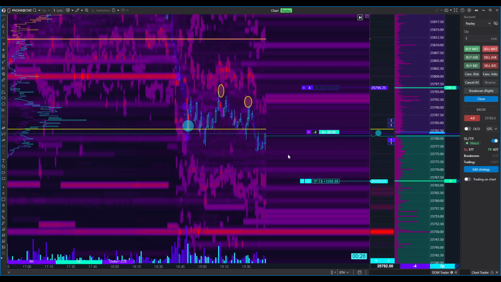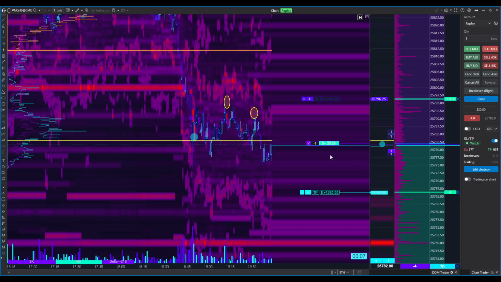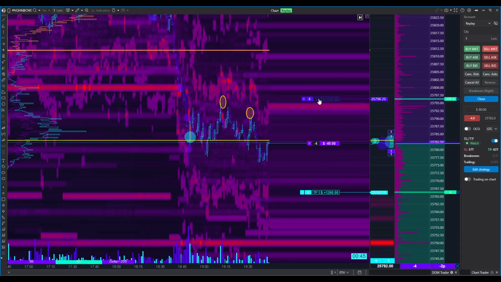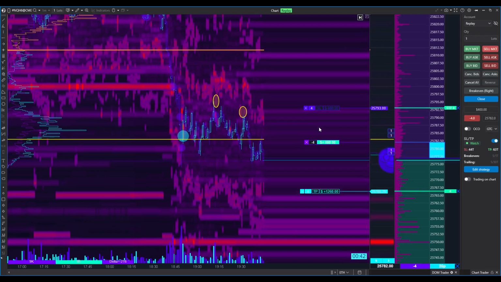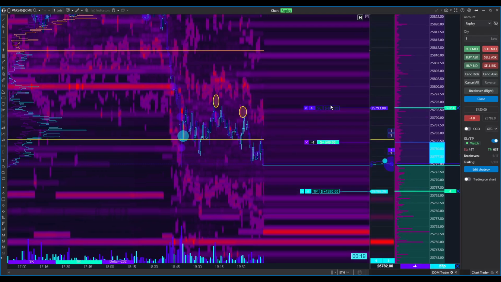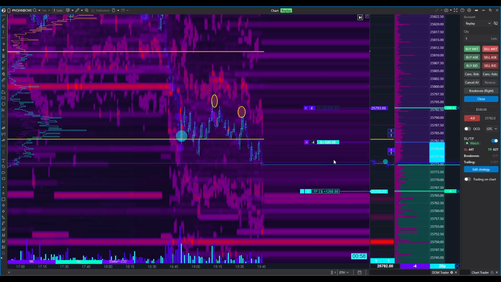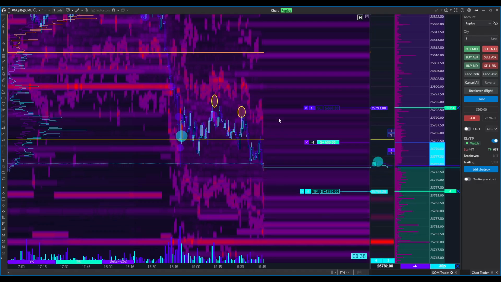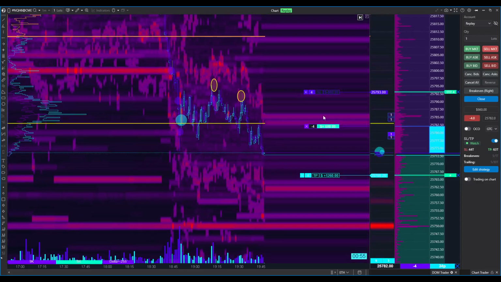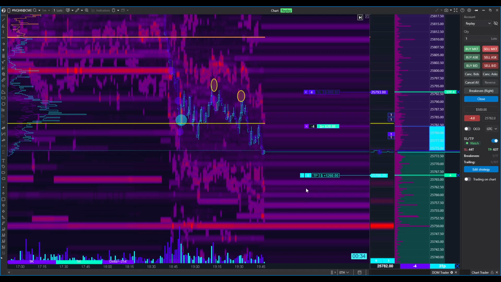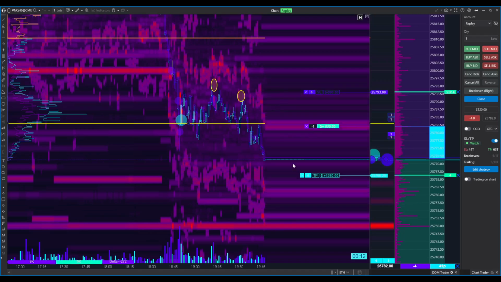Order placed. 4 minis. I'm going to bring my stop loss down. Order placed. You see how the liquidity is following price? It's the algos that follow price, and then everyone else trying to put orders in too. But you can really see the algos when stuff speeds up with order flow.